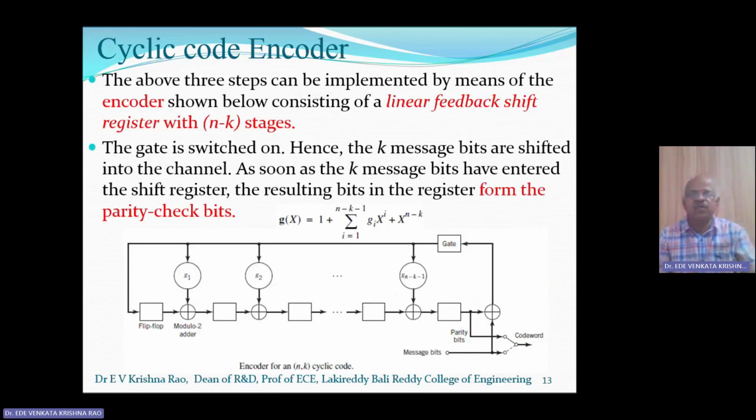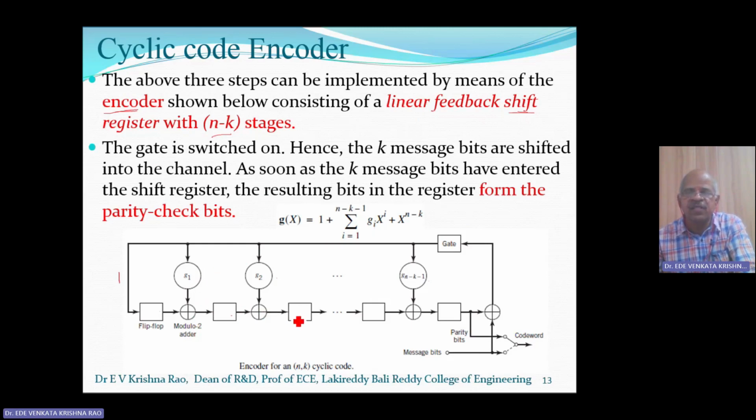So if you take the general generator polynomial, that is the encoder. This is the generator polynomial encoder of n minus k stages with feedback shift registers, linear feedback shift registers. These are the shift registers, flip-flops we have taken, n minus kth order. So 1 plus g i, for i from 1 to n minus k minus 1, with their coefficients g1, g2, g3, up to g n minus k minus 1 connected here.